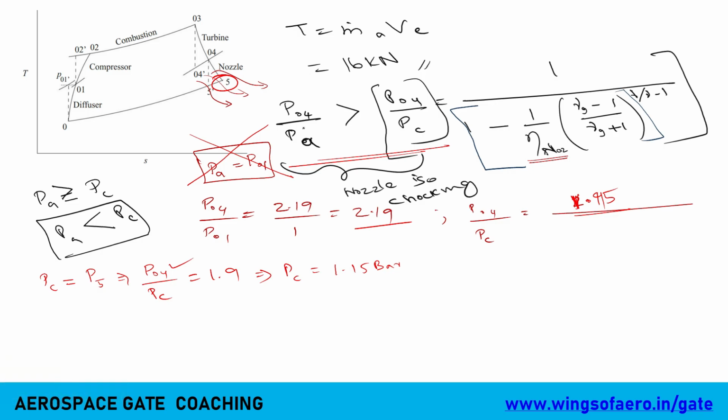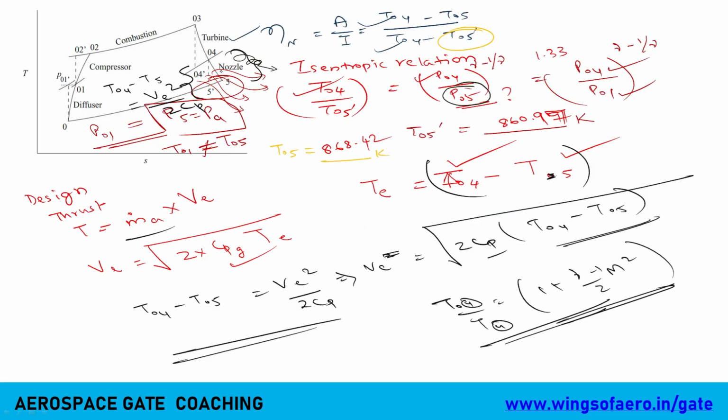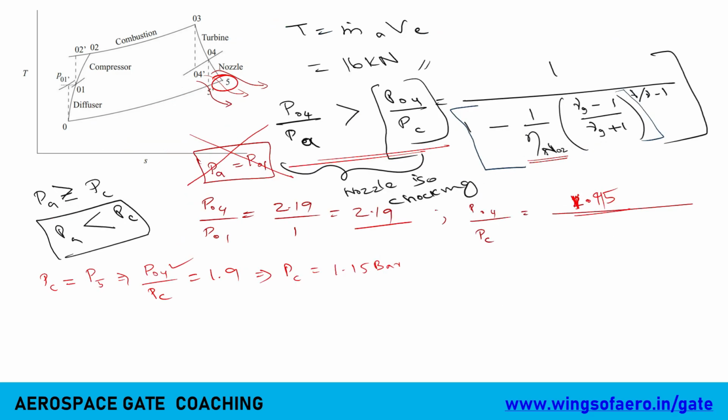Now, as the system is in a completely choked condition, previously we found P05. So we also need to find it for the critical condition. For the critical condition, what will be T5? That will also vary. To find this T5 or TC, we need to use the isentropic relation again.